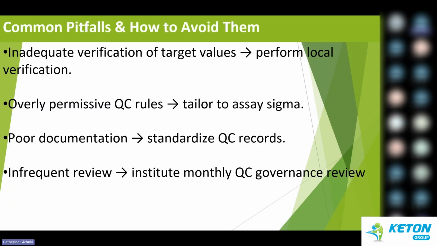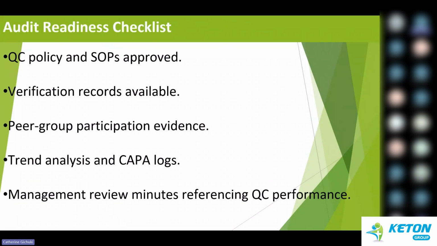Because good QC fails when it's poorly verified or just loose, that you can do anything anytime. You need to have proper documentation, and you review closely with each sample. Don't just run and say it has passed, no alarm, no flag. No, you check on how it's performing.